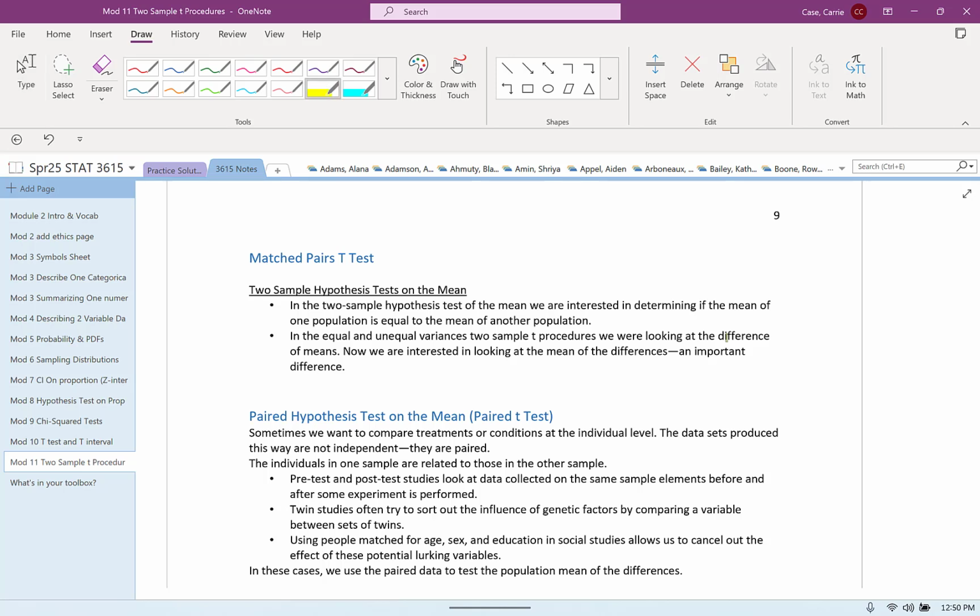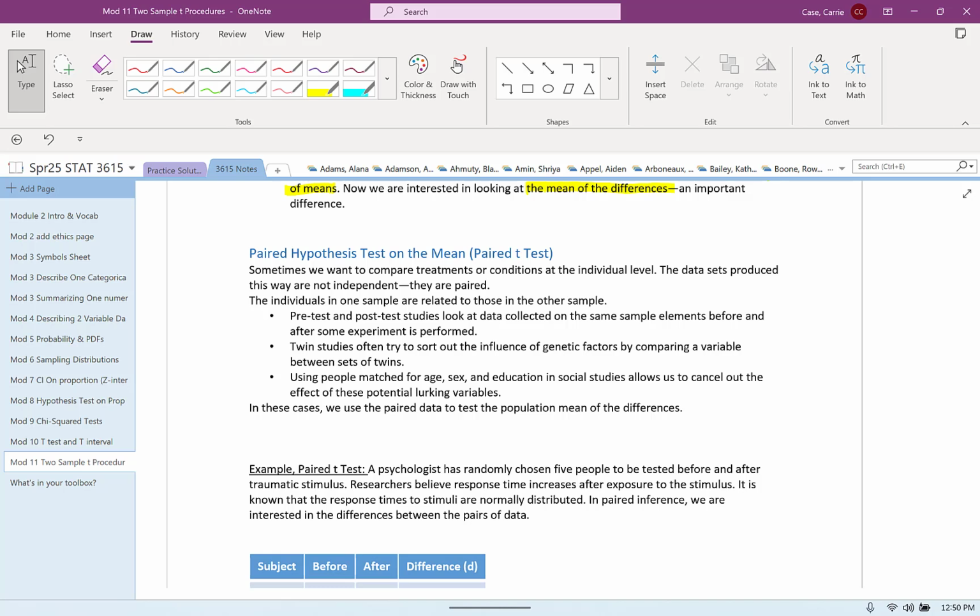Now we're interested in looking at the mean of the differences. It's a subtle but important difference. So what happens is we're calculating the differences between the two groups and then doing the hypothesis test.